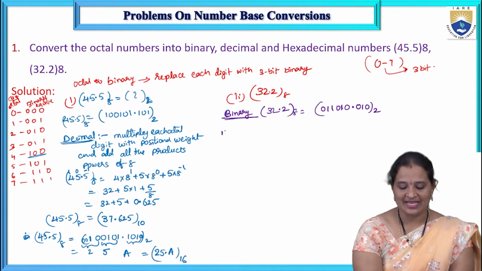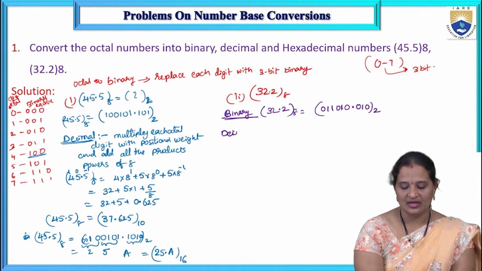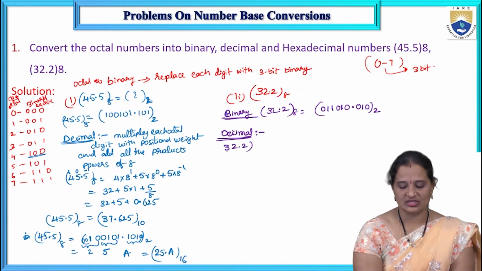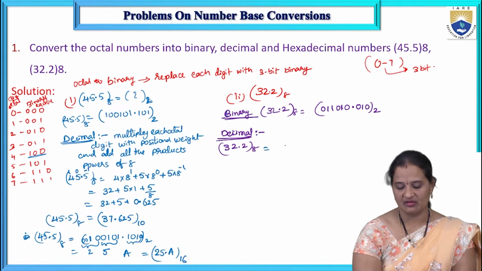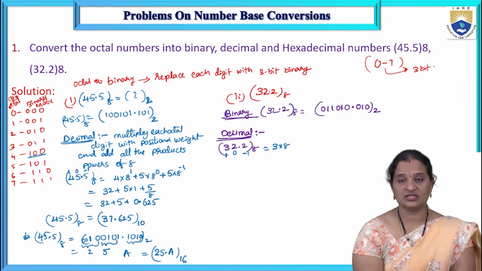Next thing, decimal. So how to convert this into decimal? Multiply each digit with its positional weight. So 3 into 8 power, what is the position of this one? This is 0, 1, whereas this one is -1.